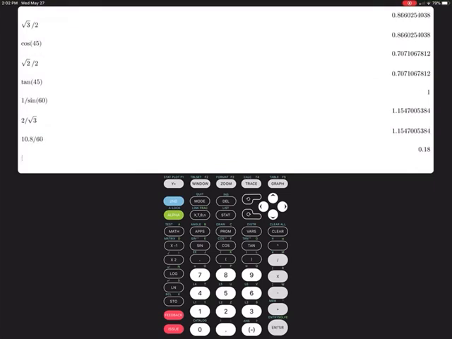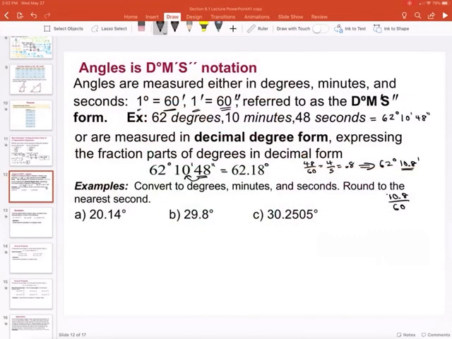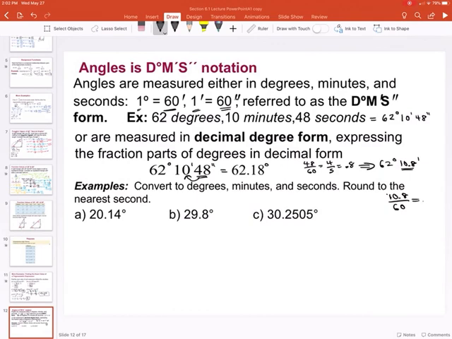It's 0.18. So you go back to your problem, that's equal to 0.18. So that's 62.18 degrees. There's your conversion. So again, we took DMS and got back into decimal.